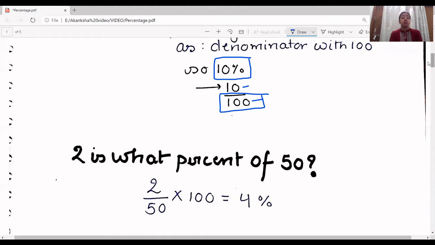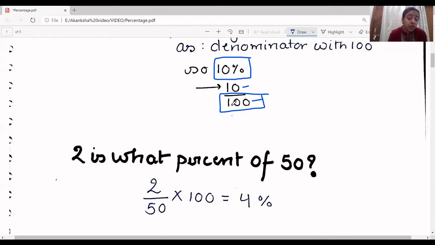There's a question: 2 is what percentage of 50? Now, when it is said 2 is what percentage of 50, it is actually asking that if there's a 50 count, 2 will be what percentage of that 50 count?